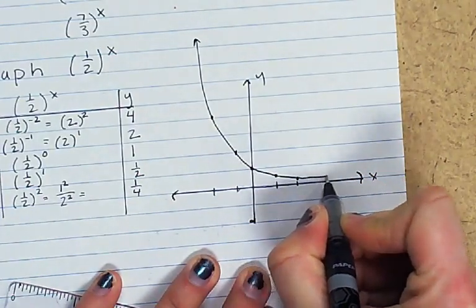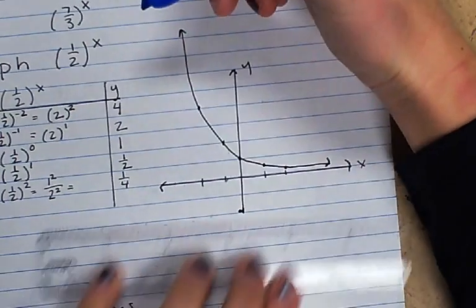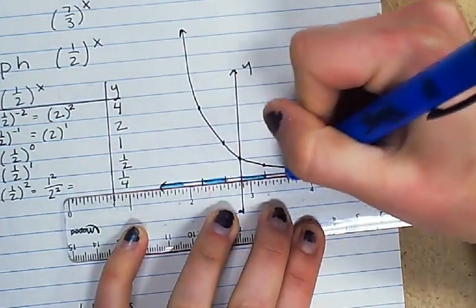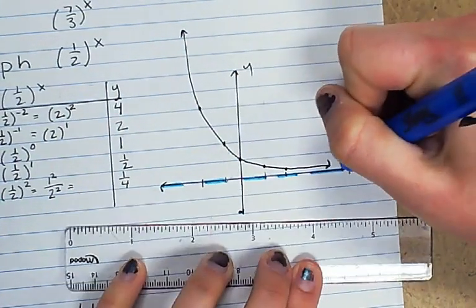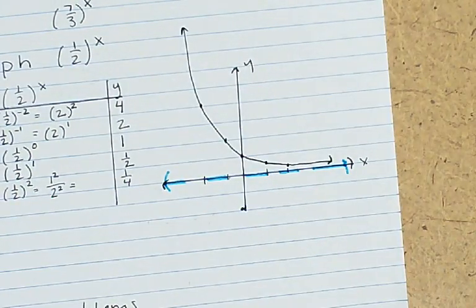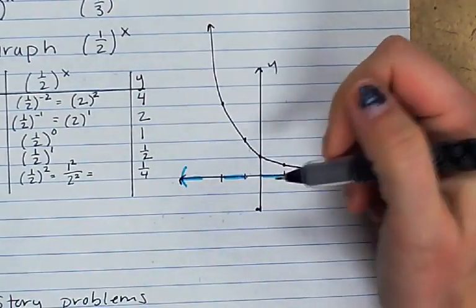Now, just like the exponential growth that we talked about yesterday, you cannot go across the x-axis. And we don't have any shifts yet, so we don't have to worry about that. There is an asymptote here on the x-axis, meaning our graph will not go across it. I talked about it in the last video, so if you need a review, you can go ahead and check out my exponential growth video.